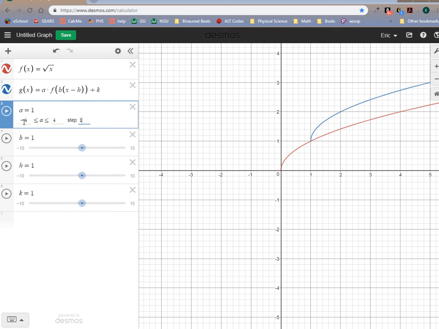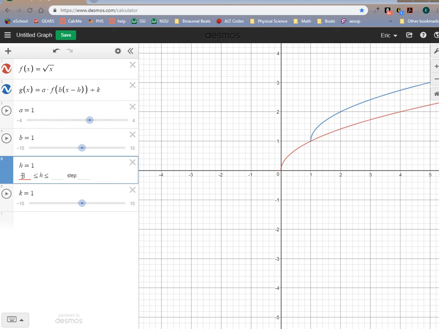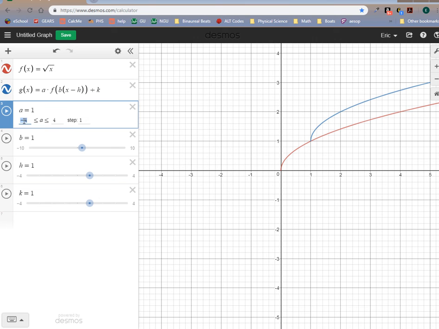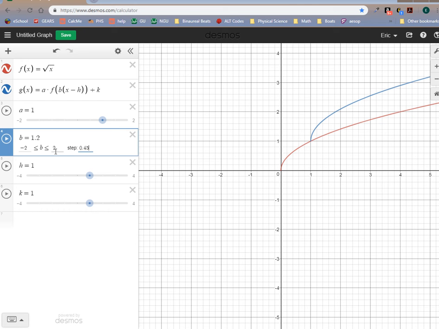Oh, sorry, no, that's what we want for H. Let's let A go from negative 2 to positive 2 by 1/2. And let's let B go from negative 2 to positive 2 by 1/2.